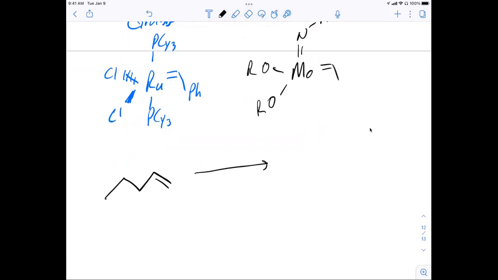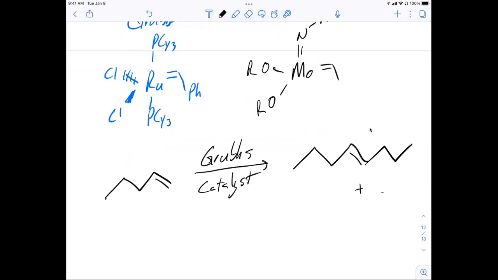So if I take this one with a Grubbs catalyst, I'll end up with the two groups attached, and then I'll lose the CH2.